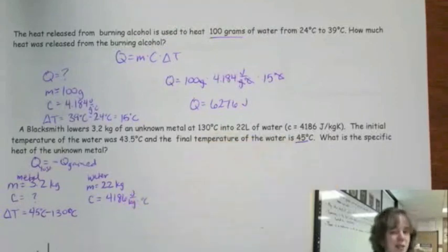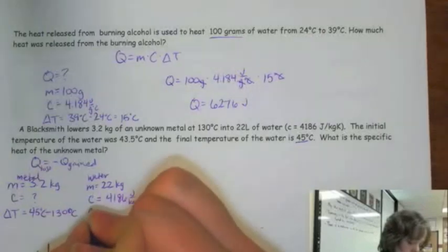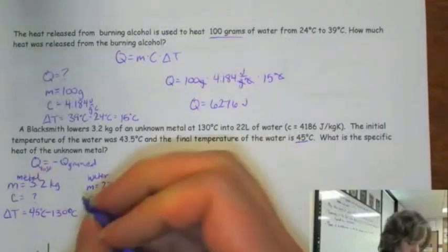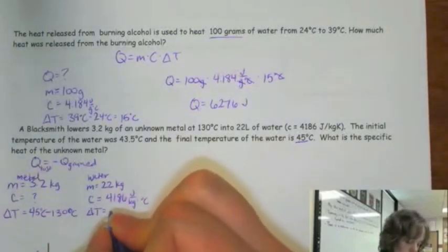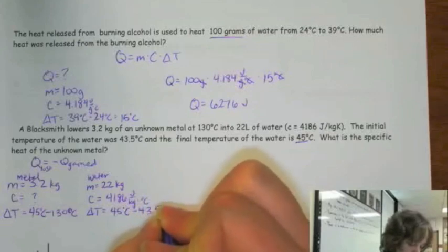Kelvin and Celsius are the same size. You can use them interchangeably at this stage. And then our change in temperature, we're going to do final minus initial. Our final temperature was 45 degrees Celsius, and then minus our initial temperature was 43.5 degrees Celsius.